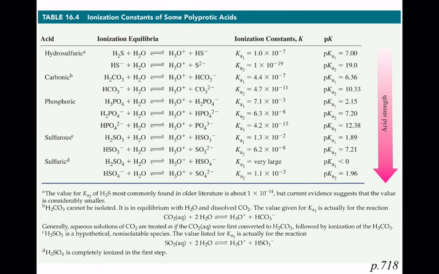And you can see the trend. If you look at phosphoric acid, H3PO4, it's polyprotic and it can kick off all three hydrogens. This guy right here. If you look at all three of these Kas, notice they get smaller and smaller as you go on to kick off the next proton.